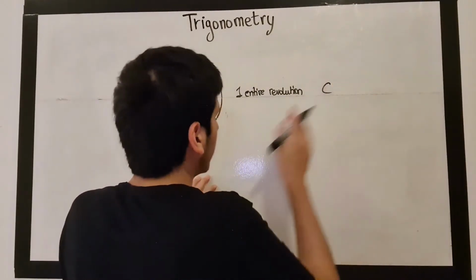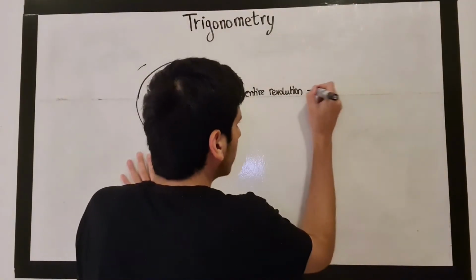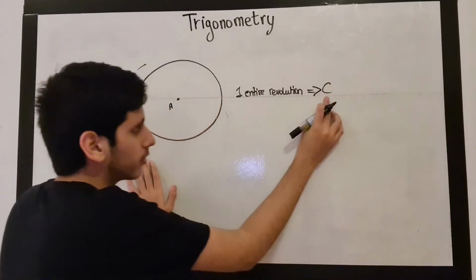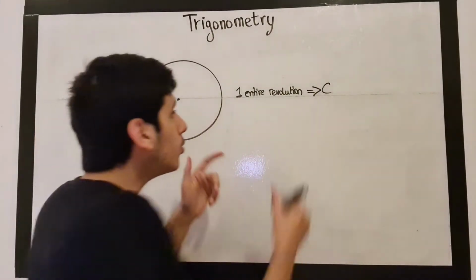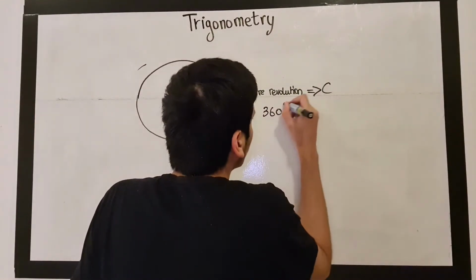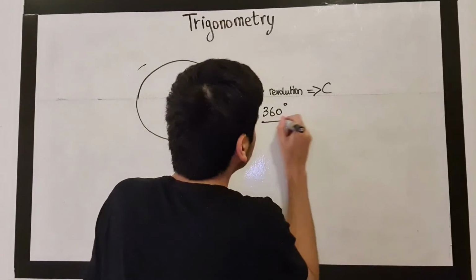So you can't equate length and angle, it corresponds, okay? And one entire revolution in degrees, we know it is 360 degrees.